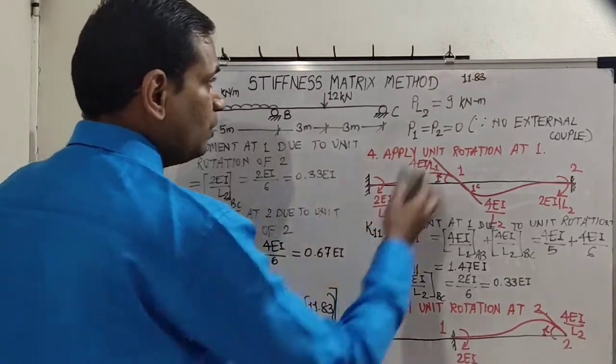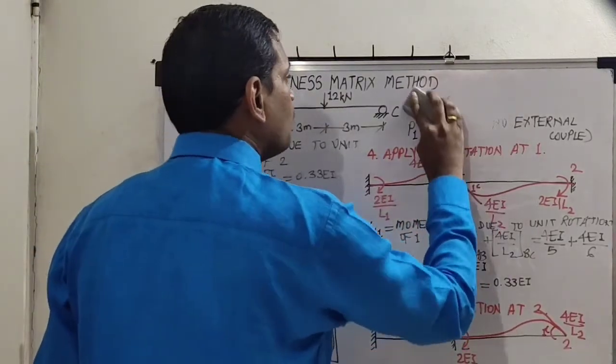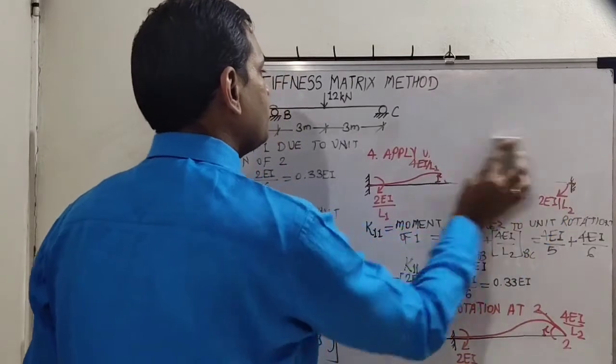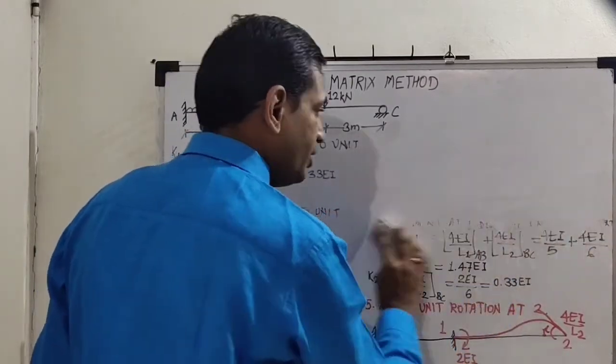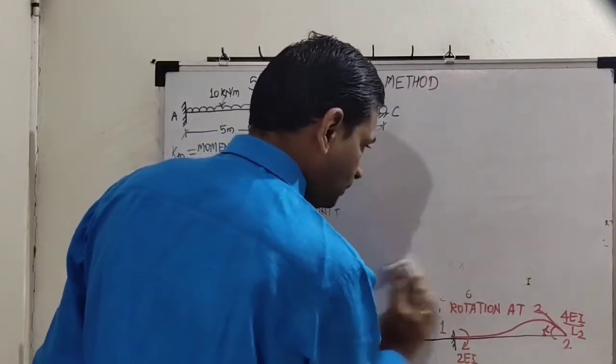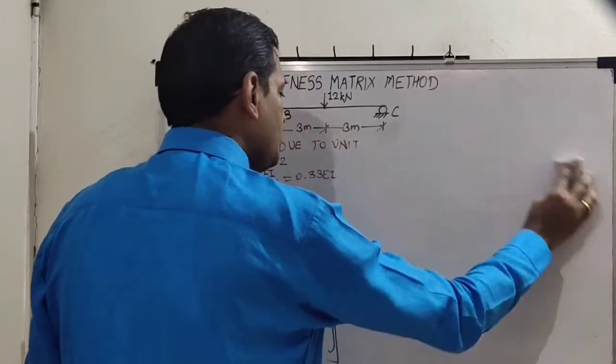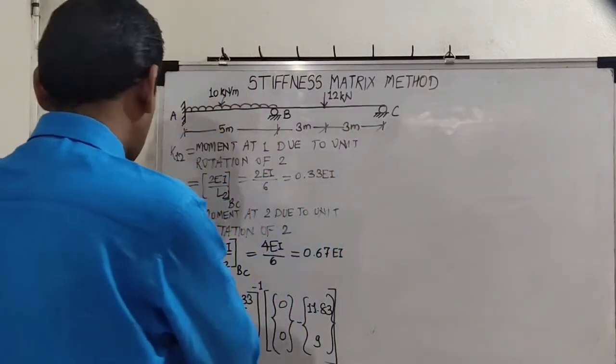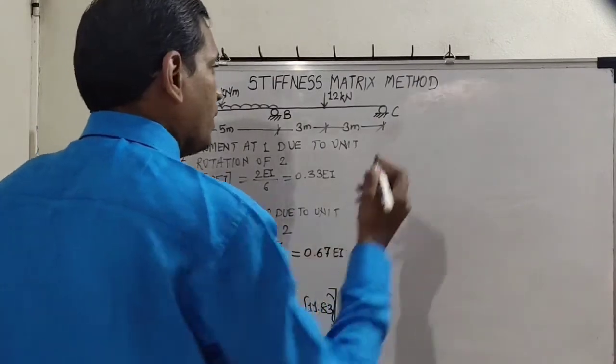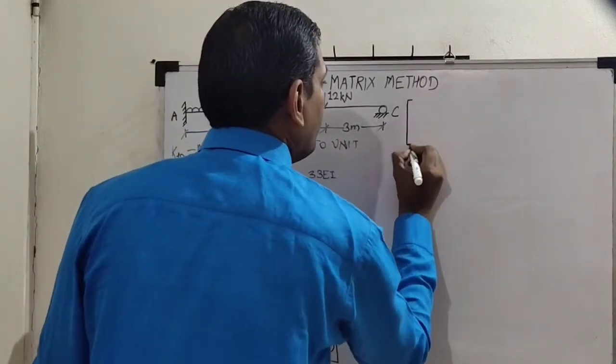Now we shall solve this 2 by 2 matrix. Solving a 2 by 2 matrix is simple. So how to do it? Let us see. So this is delta 1 and delta 2.